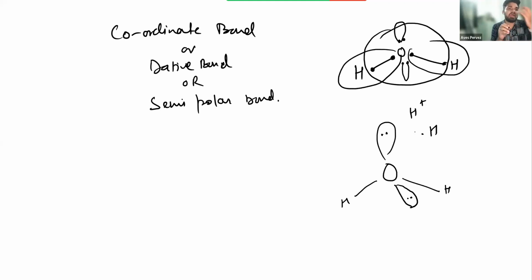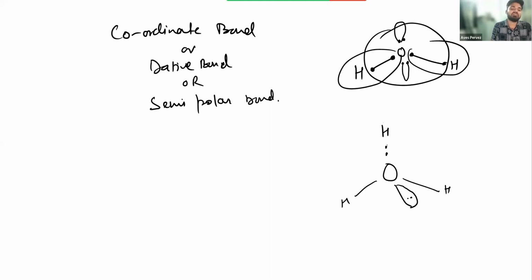So in order to keep 8 electrons in its outermost shell, oxygen uses its own electrons to make a bond with the H positive ion. These 2 electrons, which are of oxygen only, are used here. When the electrons are donated to the H positive ion, its positive charge is removed.